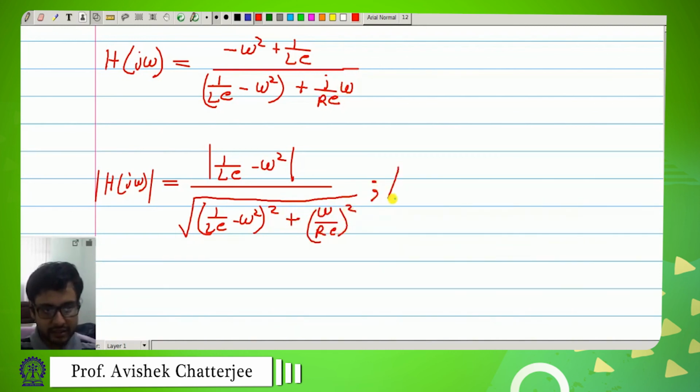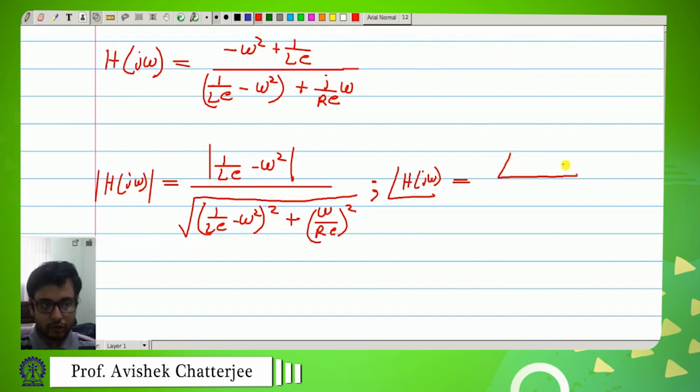and the angle of H(j omega), that will be the angle of the numerator, so that is a real number, so that can be either 0 or 180 degrees depending on whether this is positive or negative.